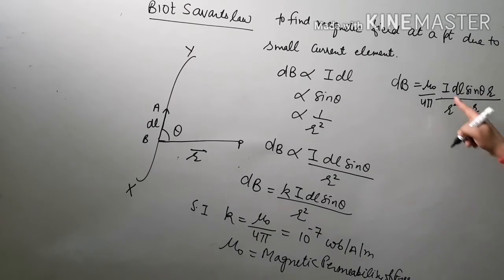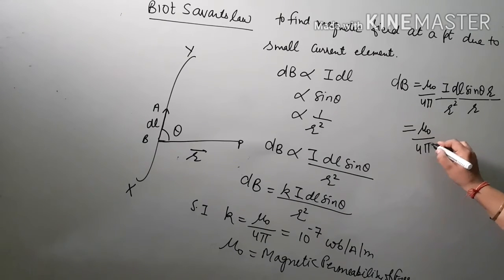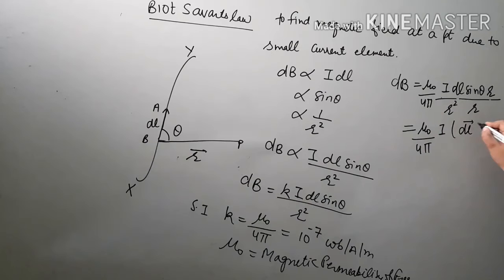Current has direction but does not follow the vector laws, it follows only the algebraic laws, so it is a scalar quantity. Now r is a vector and dl is a vector, so I can take the cross product of dl and r. So mu naught by 4 pi I dl cross r, and now in the denominator it has become r cube.